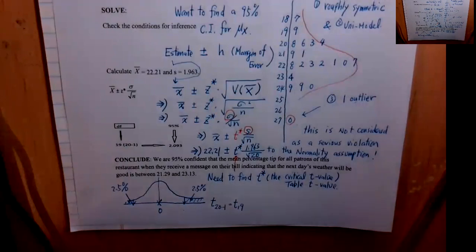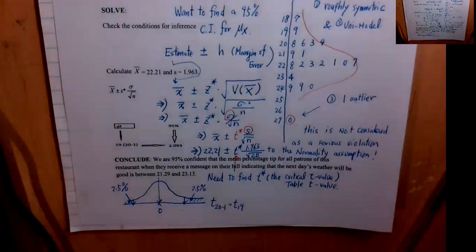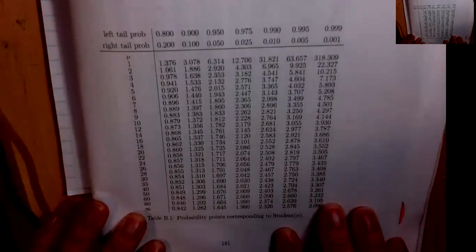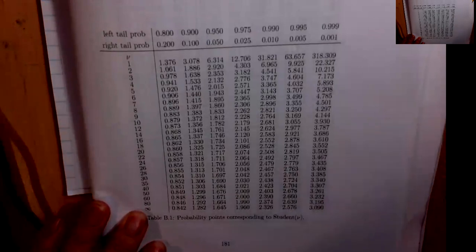Now, how can we use the table to find the critical T value? If you have the book, you can open your book at the same time. This is the T table in our book. What's the degree of freedom? It is 19, but we don't see 19.